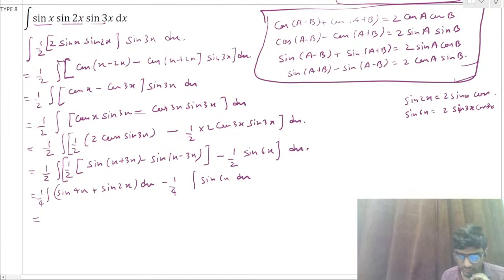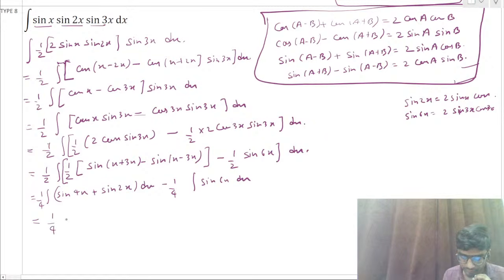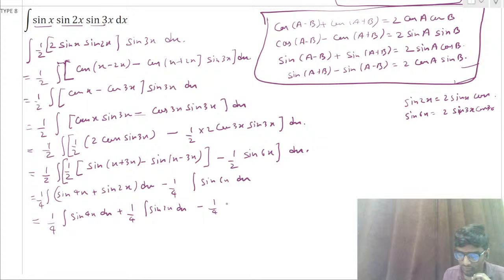So this integral becomes 1 upon 4 integration of sin 4x dx plus 1 upon 4 integration of sin 2x dx minus 1 upon 4 integration of sin 6x dx.